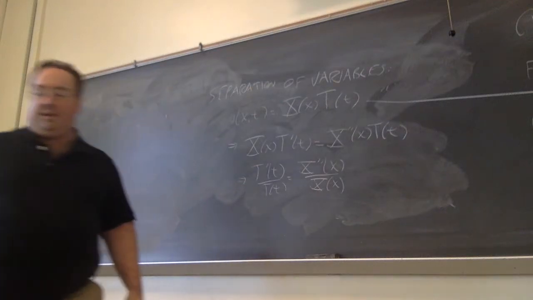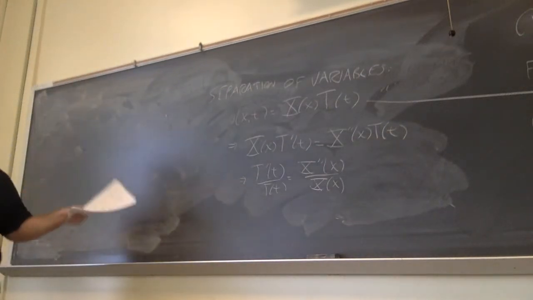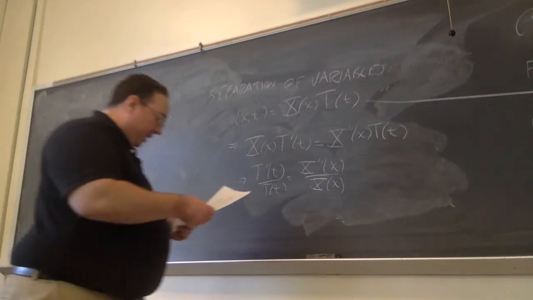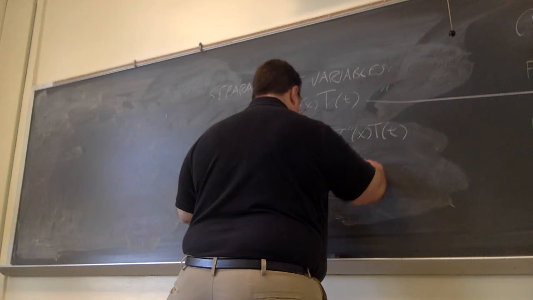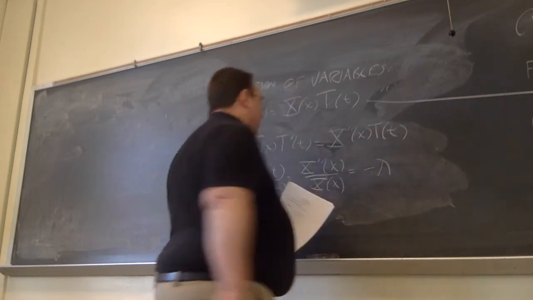Okay. Now, the left side is a function of t. The right side is a function of only x. There's no way that a function of t can equal a function of x at any value of t and x, unless both are equal to a constant. So I'm going to set these equal to minus lambda.